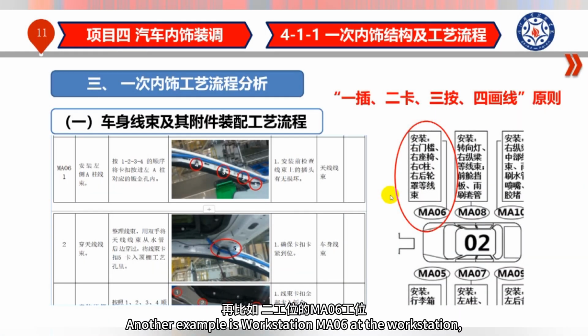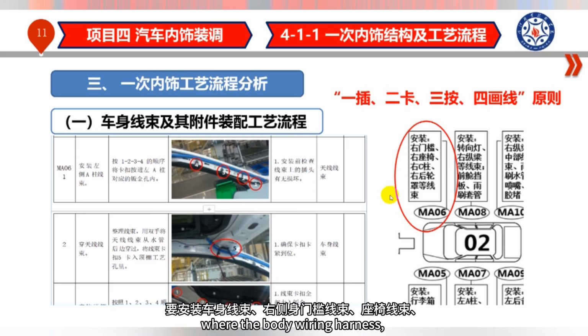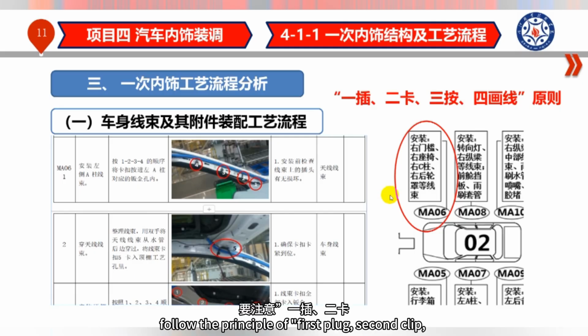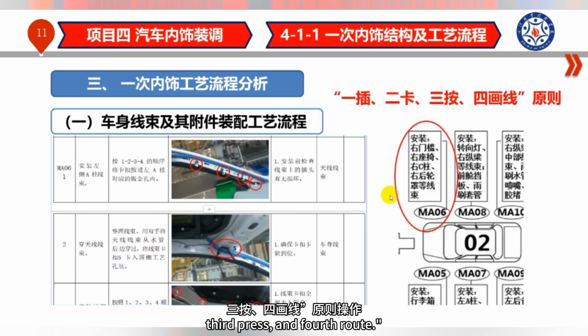Another example is workstation MA06, where the body wiring harness, right side sill wiring harness, seat wiring harness, C-pillar wiring harness, and right rear wheel housing wiring harness are installed. When installing wiring harnesses, follow the principle of first plug, second clip, third press, and fourth root.